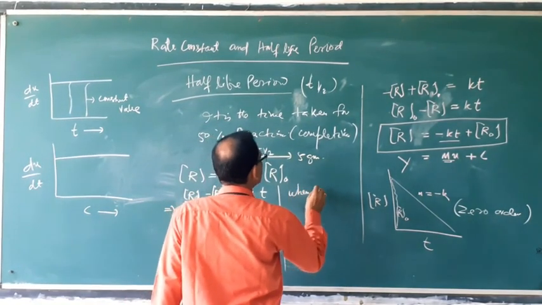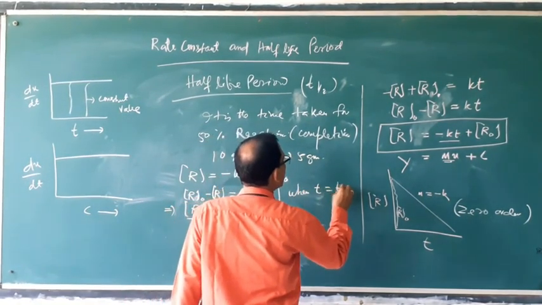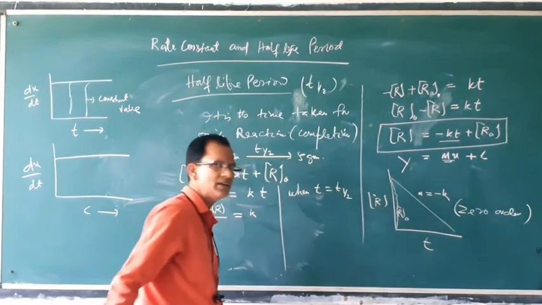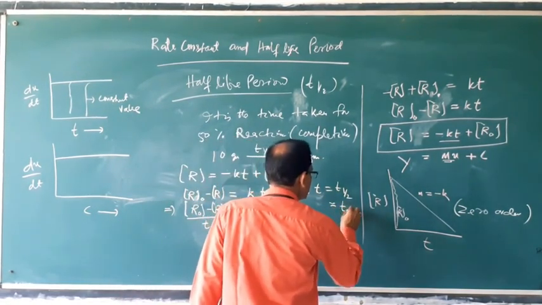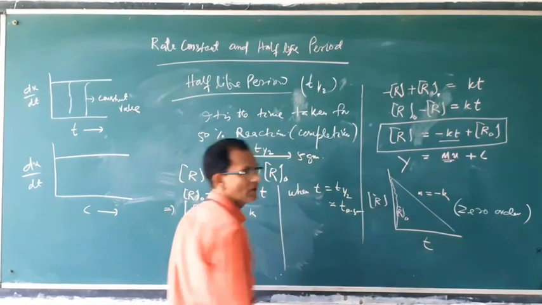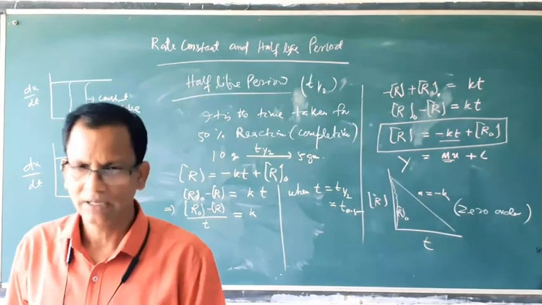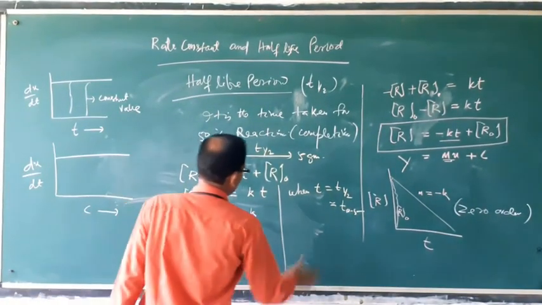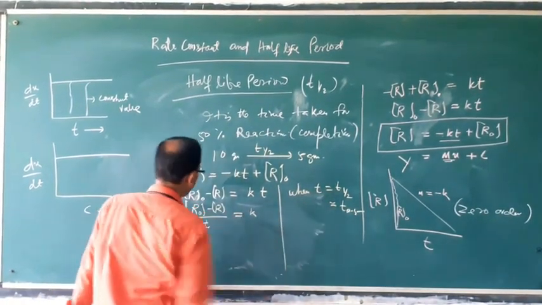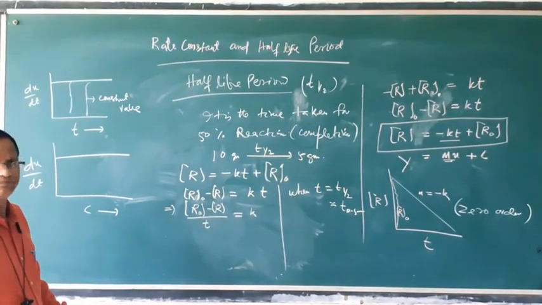When T is equal to T-half. Sometimes T-half is also written as T0.5. Don't be confused, simple. When T is equal to T-half, how much mass will be left?